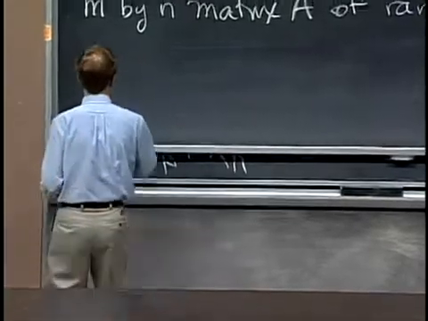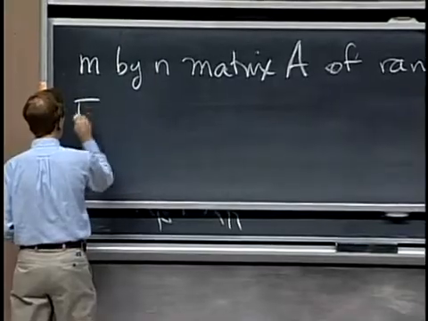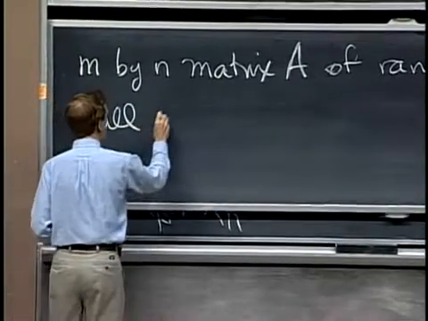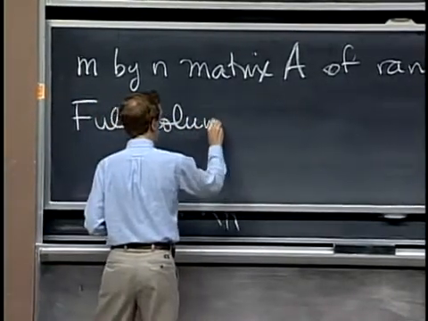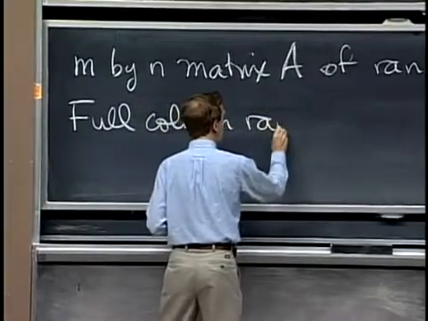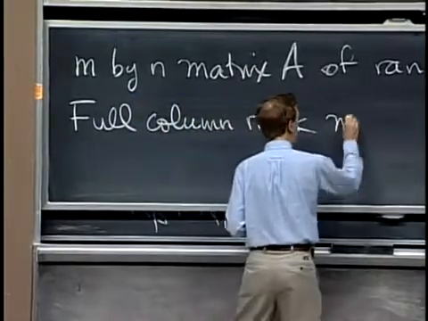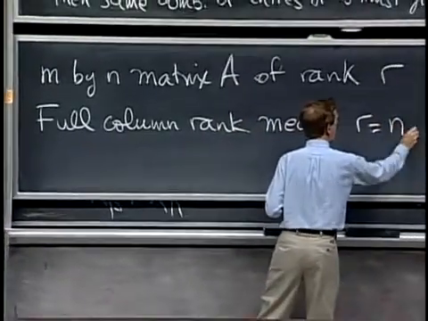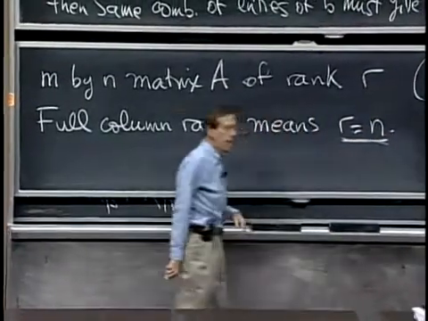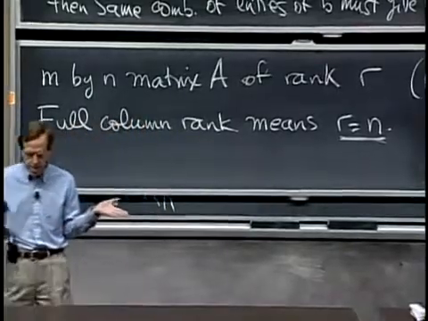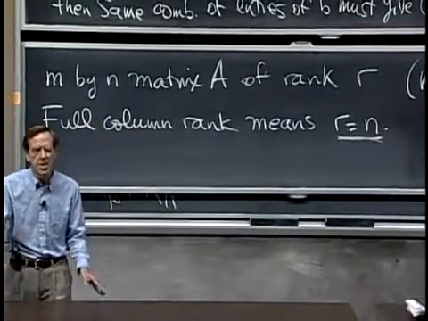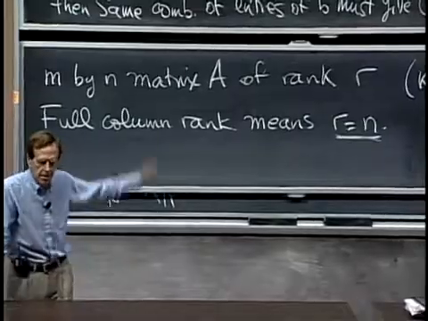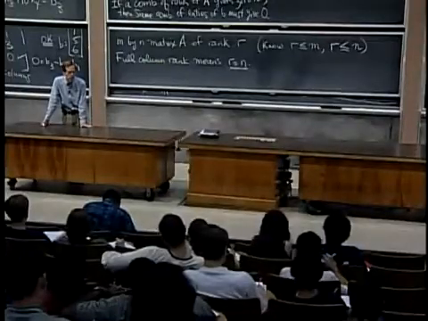So let me talk about the case of full column rank. And by that I mean R equal N. And I want to ask you, what does that imply about our solutions?